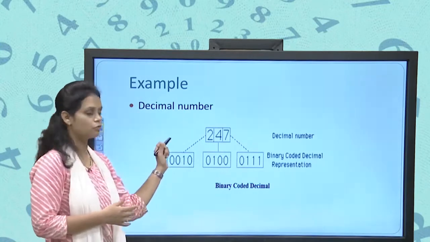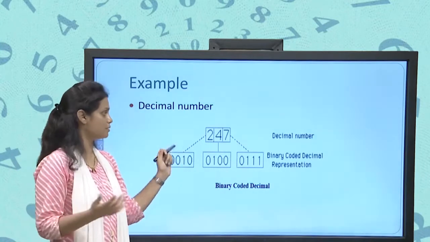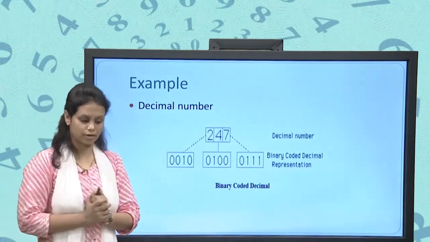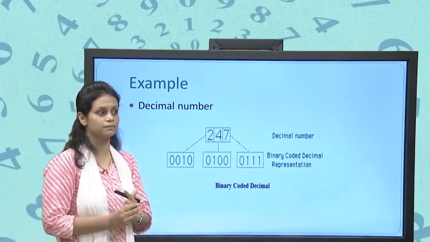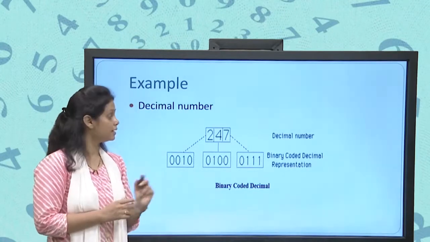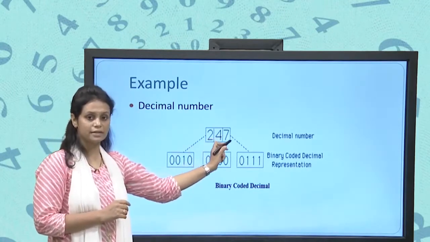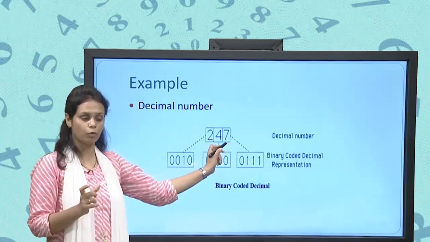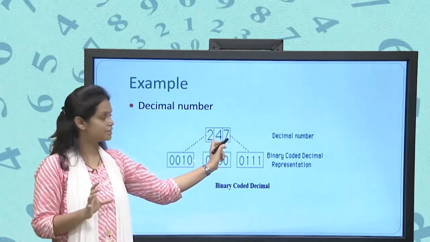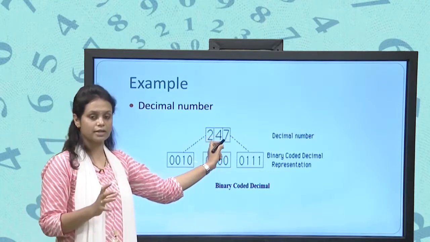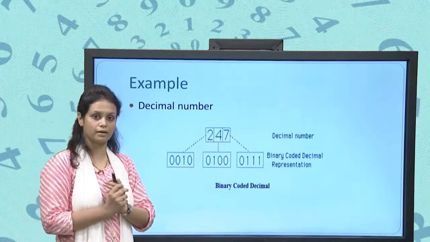But while we are working on the binary coded decimal, make sure each and every digit is represented separately by 4 bits, a combination of 1 and 0, right? Each and every digit is using a 4-bit number.